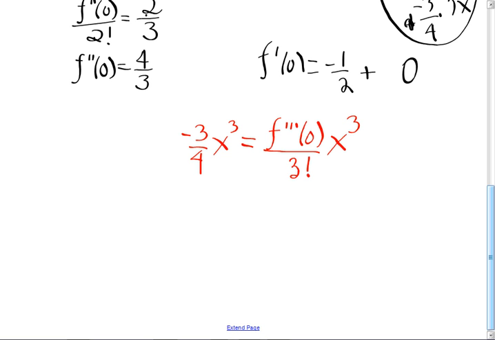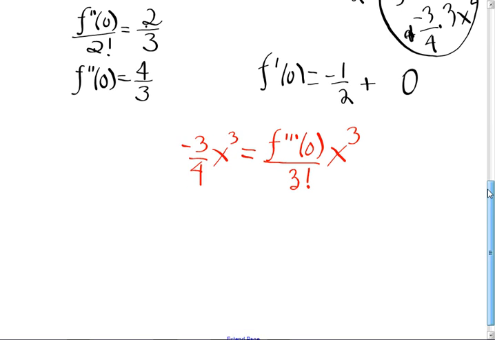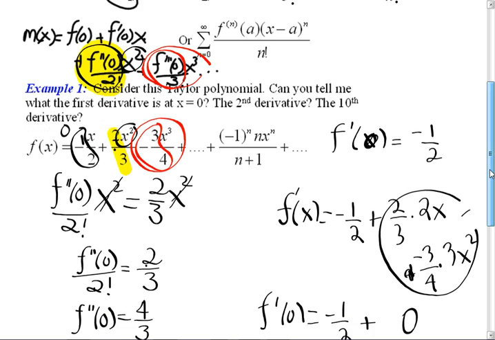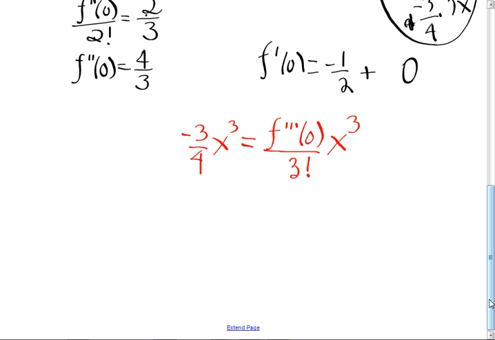That's the degree 3. It's not the third term. That's this one. Remember, these are just the numbers that are in front of the cubic. So what is the third derivative? What happens to x cubed? They cancel. So I think it's easier for you to see that.